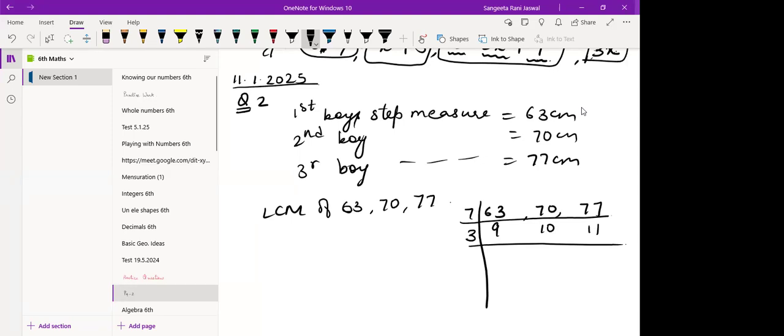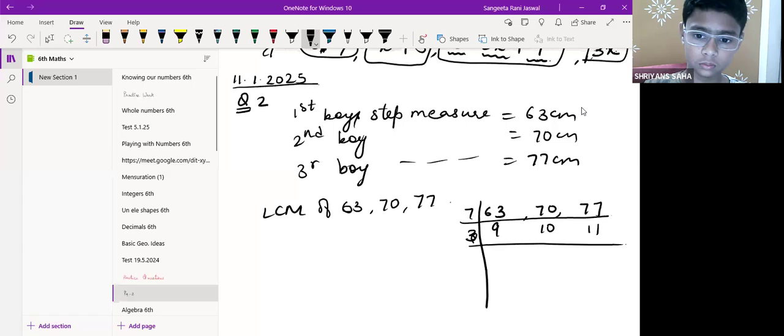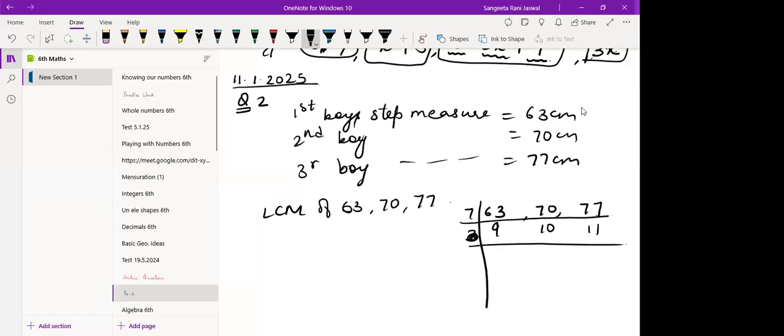Okay, 3. Okay, let's make them all like this. They don't have any common factor here now. Neither these two numbers have any common factor, neither these two nor these two. Right? So write down LCM is equal to 7 into 9 into 10 into 11.